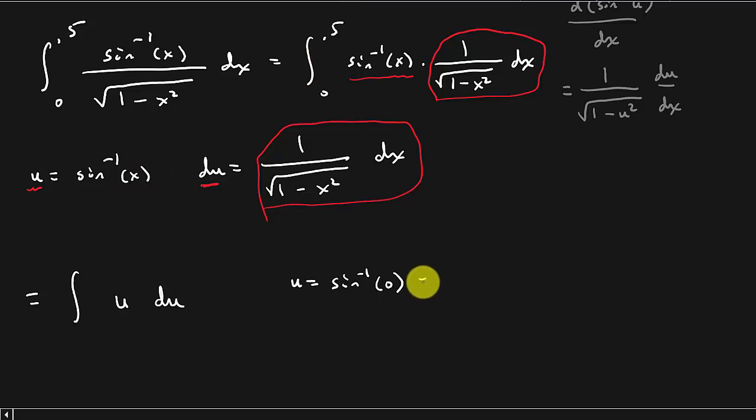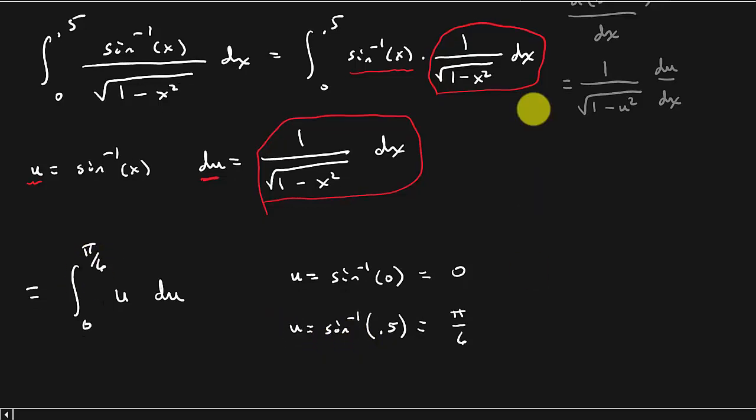And what's the inverse sine of 0? That's 0. So this is going to stay 0. And then u equals inverse sine of 0.5. Well, what's the inverse sine of 1/2? That's 30 degrees, or what? Pi over 6. Your limits have to be in radians. You can't put degrees. You've got to put it in radians. And so we've changed our limits.